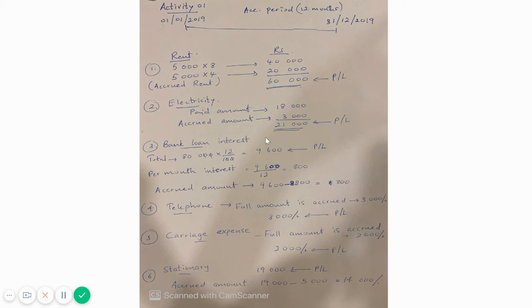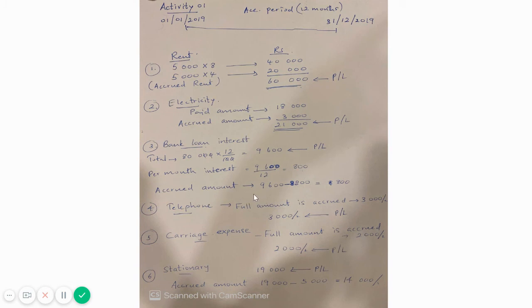So that 9,600 must be shown as bank loan interest expense in the profit or loss, whereas the per month interest is going to be 800. 9,600 is the total. When you divide it by 12 per month, the amount is 800.